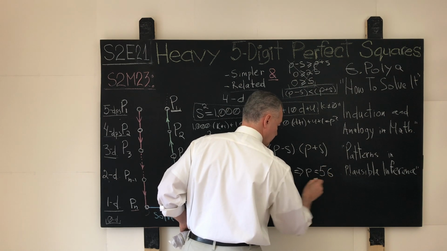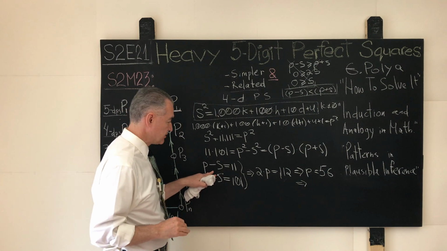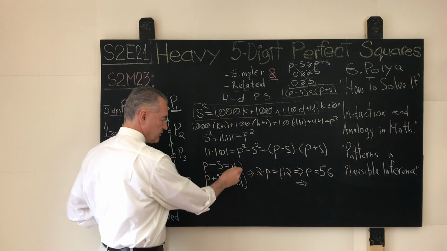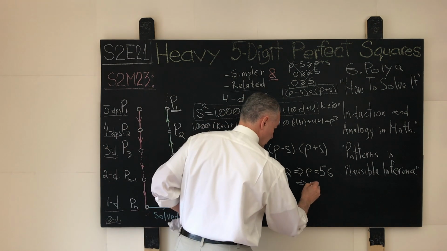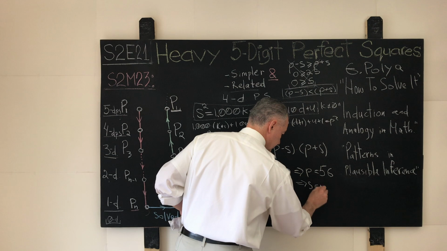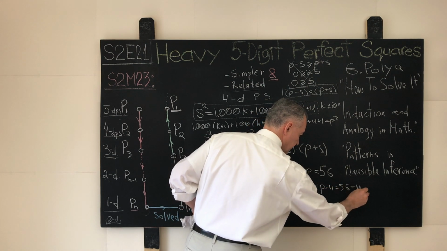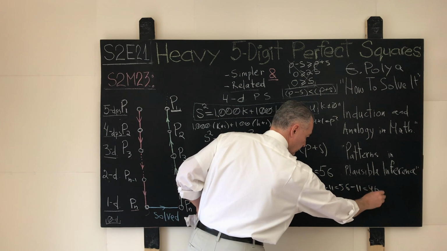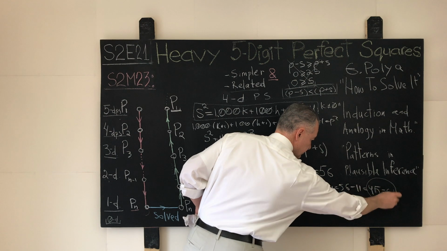And from here it follows what? Again, we'll take the simplest in some sense, work with the smaller numbers. 11 is less than 101. p minus 11 is s. So here s is p minus 11. 56 minus 11 is 45. This is s. And this is our answer.